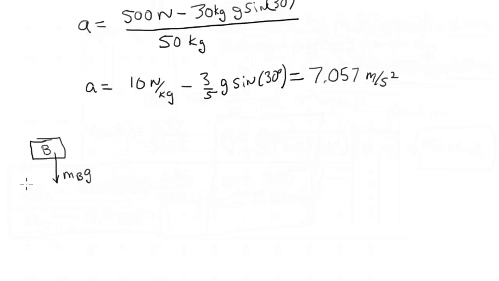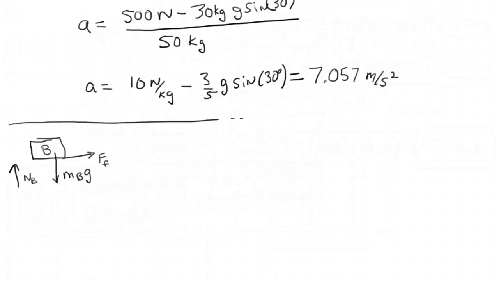It's got a normal force acting up, call that N_B, and it's got this friction force pulling it along. So if we just look at block B, that's how things would look. We can sum all the forces on there, and the resultant is just the mass of B times the acceleration, and we know the acceleration is at that 30-degree angle.